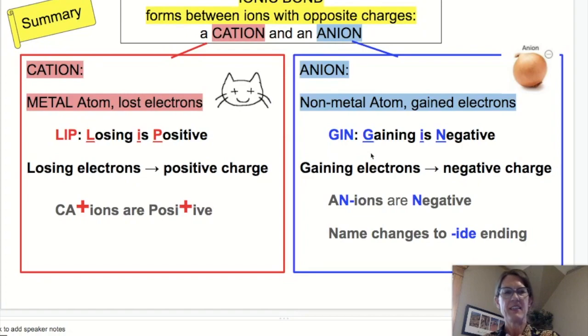So LIP: losing is positive, but gaining is negative. Anions, gaining electrons leads to a negative charge. Anions are negative, therefore, and the name changes to the "ide" ending.